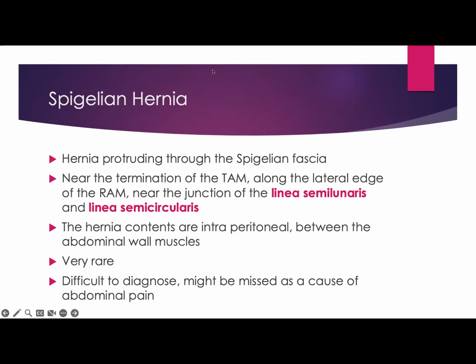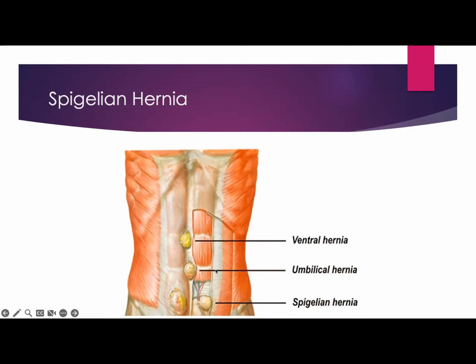Another type of hernia is called the Spigelian hernia. And the Spigelian hernia is located at the linea semilunaris, okay? And this is the line lateral to the linea alba, okay?